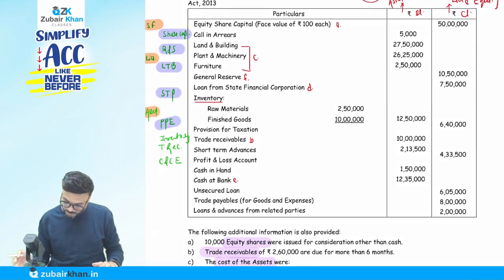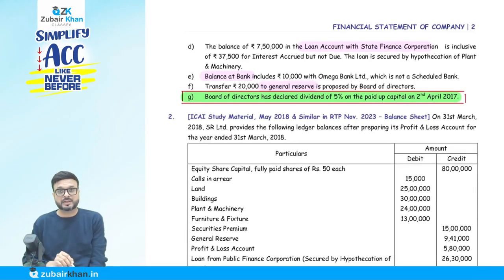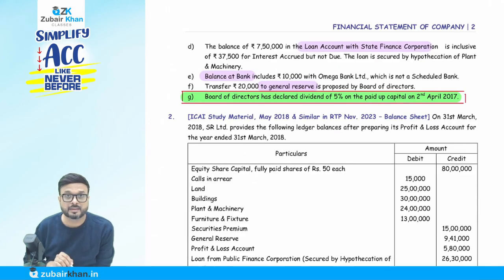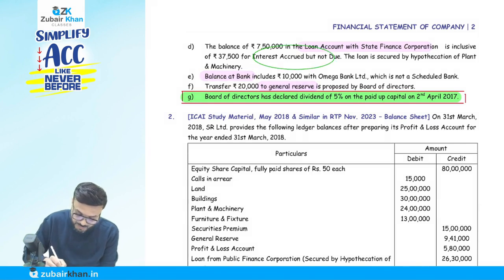Okay, now understand this point here. When I go to point number D, I will explain it to you. A certain portion of the balance of rupees 7,50,000 in the State Finance Corporation belongs to the interest portion, which we are going to pay within a year only. So basically they are talking about this interest part.